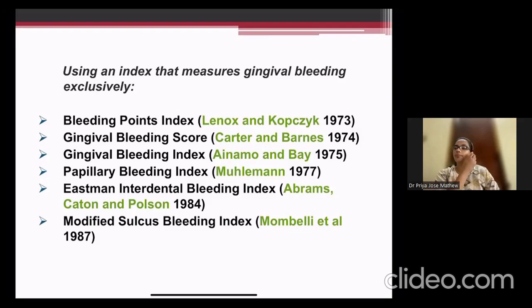So these are the more approved gingival bleeding indices that we follow, and of these, the modified sulcus bleeding index by Mombelli is the frequently used gingival bleeding index method.